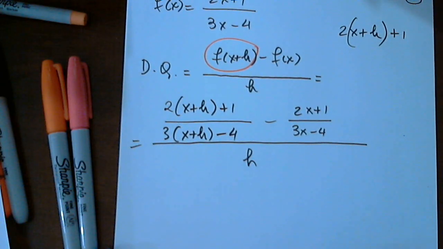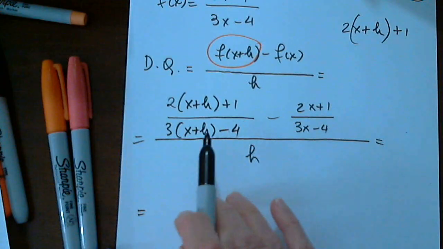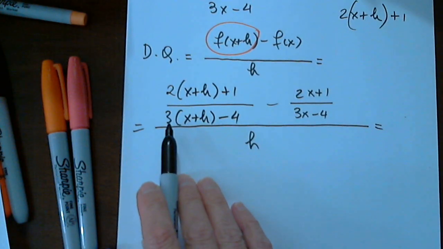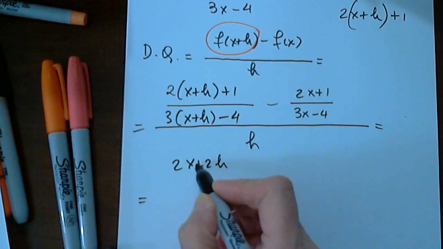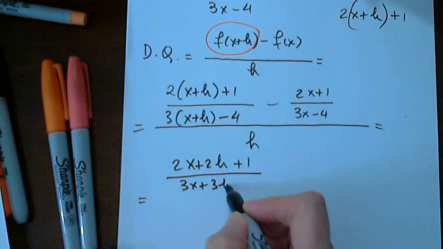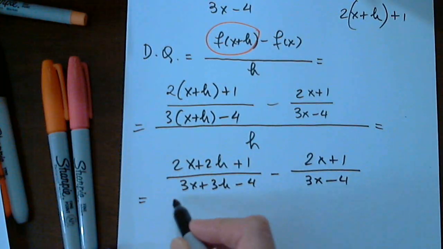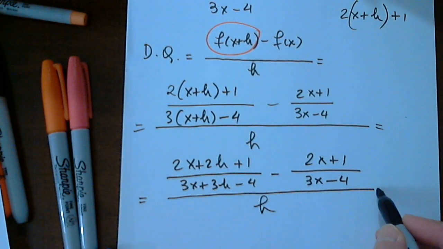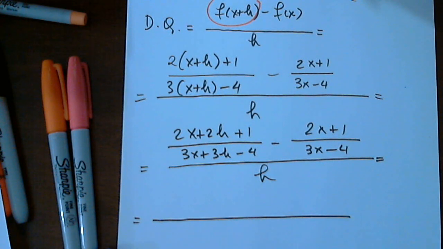Awesome. Good. So now I recommend, you don't have to do it in one step, but you have to rewrite it without parentheses. So 2x plus 2h plus 1 divided by 3x plus 3h minus 4, minus 2x plus 1 over 3x minus 4, all divided by h. Anyone remembers the next step, please? Okay.